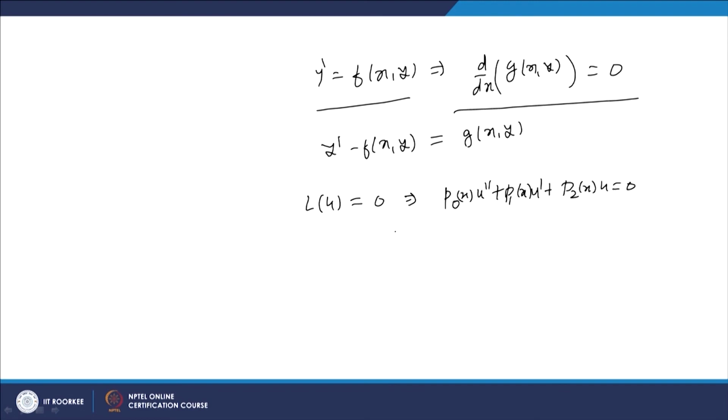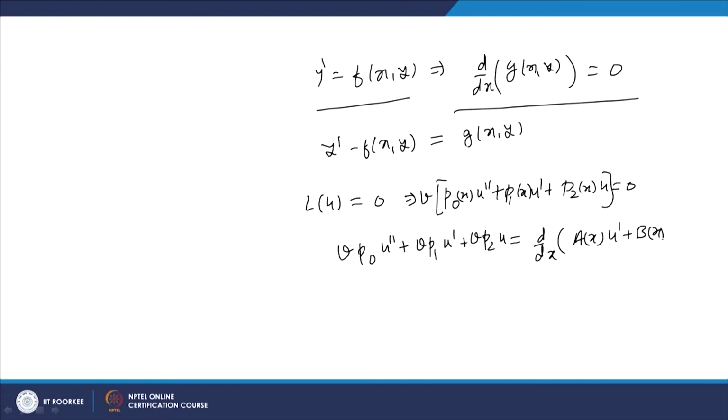So now we are finding a function v such that if we multiply by it, then it is an exact differential equation. So v p naught u double dash plus v p1 u dash plus v p2 u is equal to d by dx of some ax u dash plus bx u.